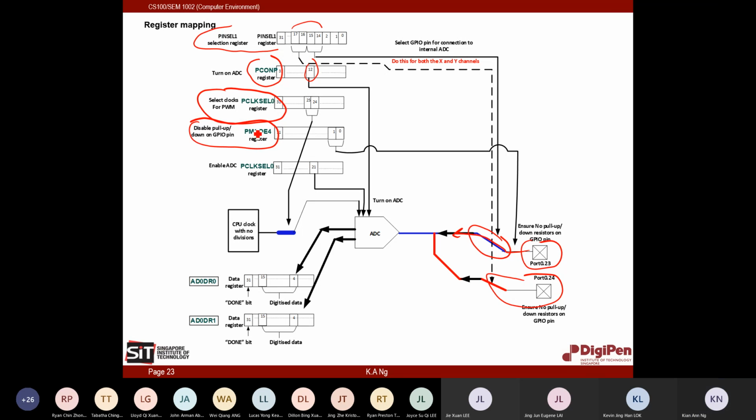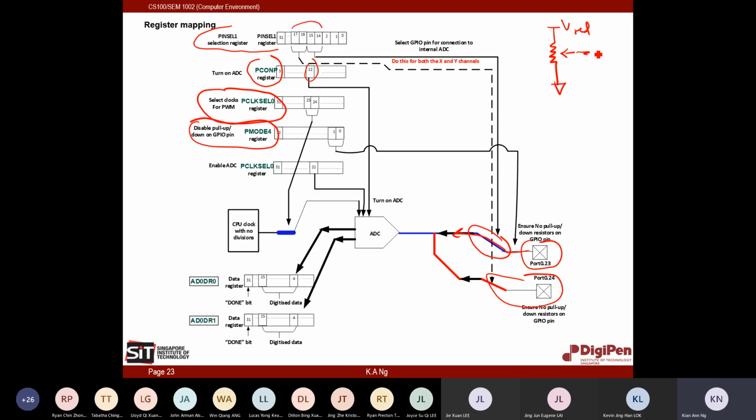Okay. I will also explain to you why, in this particular case, you need to disable the pull up and pull down. In your switch, this toggle switch, right? It's actually like a variable resistor, let's say for example, let's take the Y axis. When you push the switch, it's actually a variable resistor. Okay.